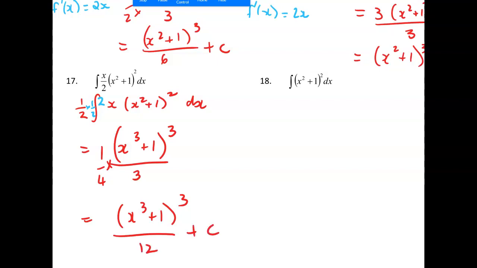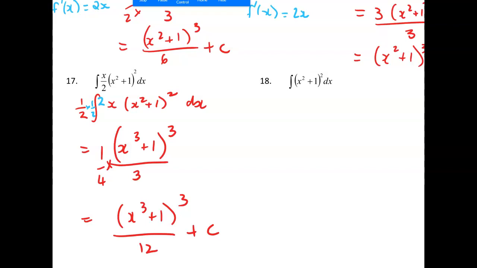What's different about 18? Annabelle mentioned it yesterday, but some of you may not have been up to it. What's different about it? Yeah, we don't have the x. We don't have the derivative or a play on the derivative that's in the bracket.